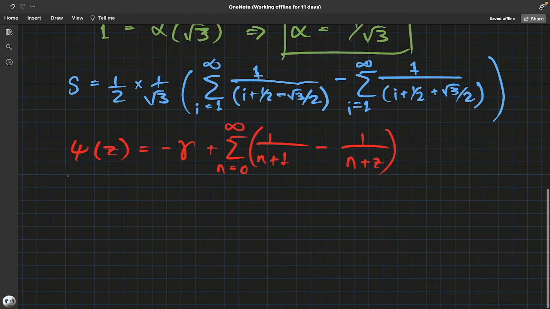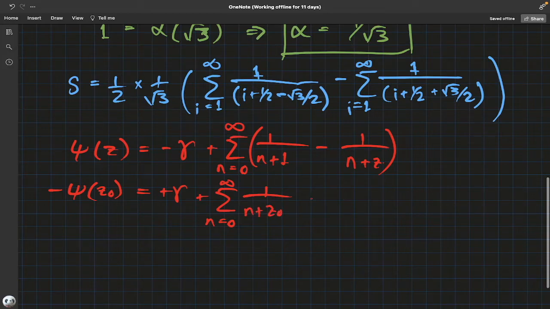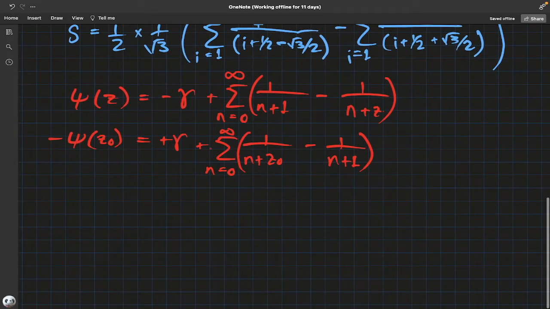And now I would like to have a negative version of this, except instead of z I have a z naught changed parameter. So I have a plus Euler-Mascheroni now because I switched everything around. Sum from n equals 0 to infinity, negative switched everything around, so I have n plus z naught in this case minus 1 over n plus 1. Notice the common factors are going to die down, which means the Euler-Mascheroni goes away.